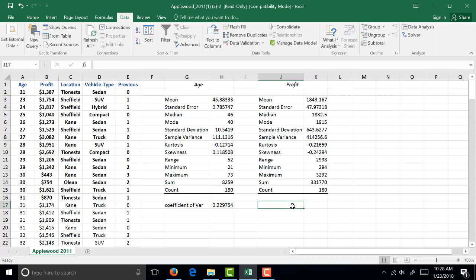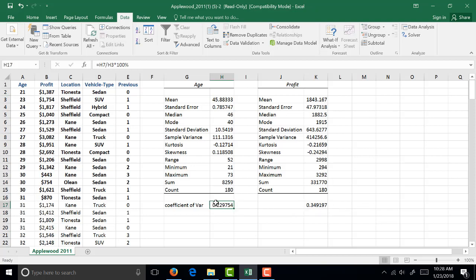On this side, I'm going to do the same thing. I'm going to take our standard deviation and divide it by our mean, and multiply that by 100%, and I get 34.9%. So notice that our variances of 22.9% and 34.9% are now in percentages, which is relatable.